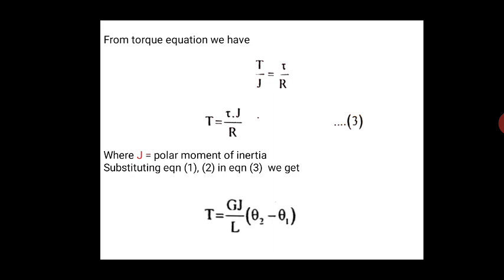Now, considering the above equations, we can write the torque equation T is equal to GJ divided by L into the change in the angular twist, that is theta 2 minus theta 1.